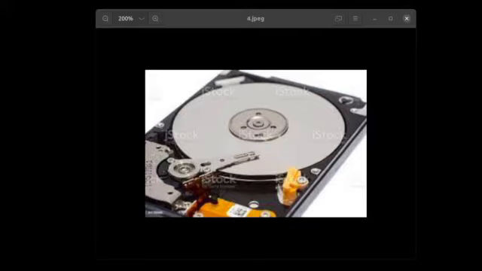But now it is way more expensive than HDD, and that is why it's not too affordable. And the biggest SSD hard disk is 1 terabyte.